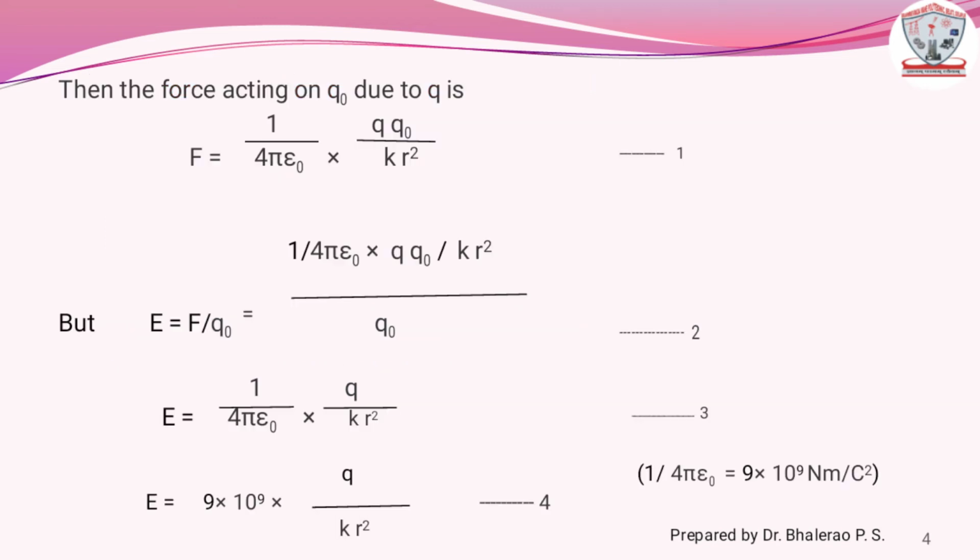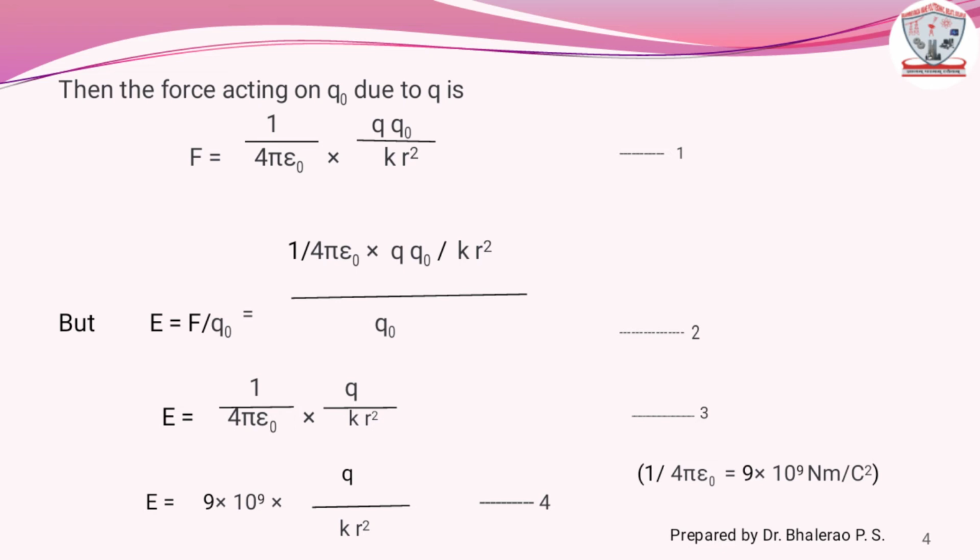Now calculate the force between Q0 and Q. The formula for force F is equal to 1 upon 4 pi epsilon 0 into Q Q0 upon K r square. This formula is obtained from Coulomb's law, and this is equation 1.